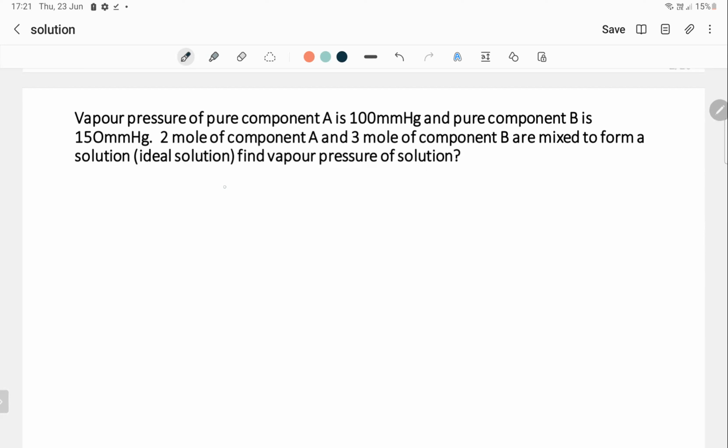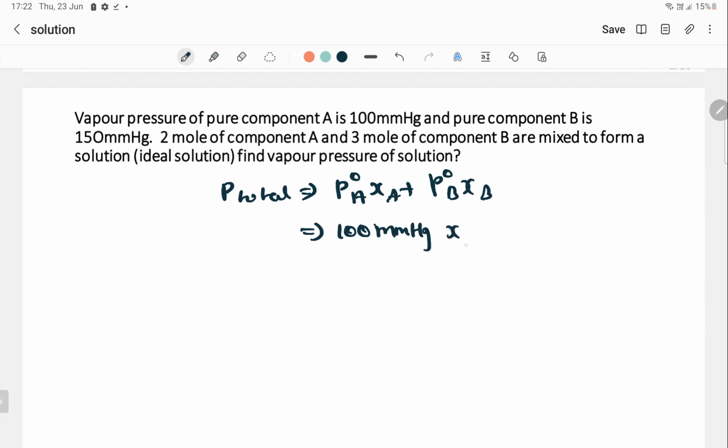Okay, so here P total is equal to P naught A XA plus P naught B XB. So here your P naught A is 100 mmHg into XA plus P naught B is 150 mmHg into XB. Now you don't know your XA and XB. XA, the mole fraction, is equal to Na divided by Na plus Nb.